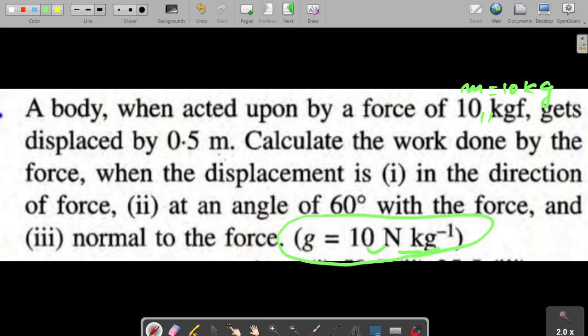Gets displaced by 0.5 meter. Displacement is 0.5. Calculate the work done by the force when the displacement is in the direction of force, and second at an angle of 60 degree with the force, and third normal to the force. So first we will calculate the first part of the problem.